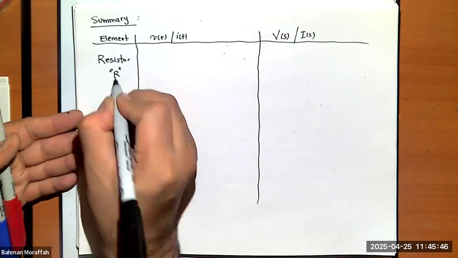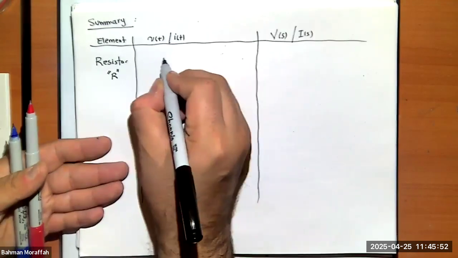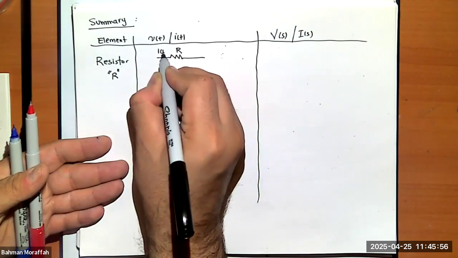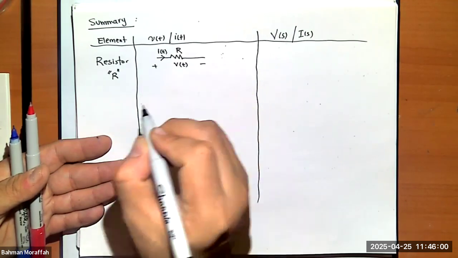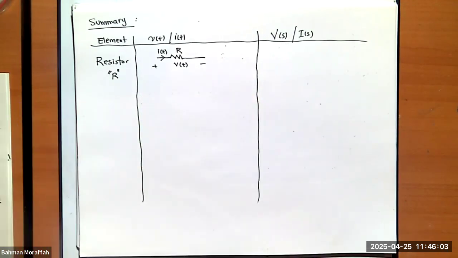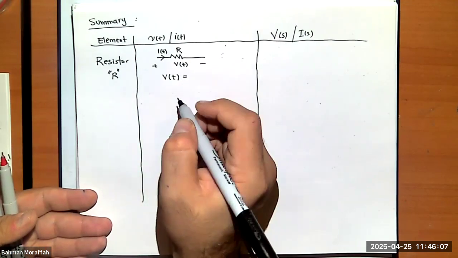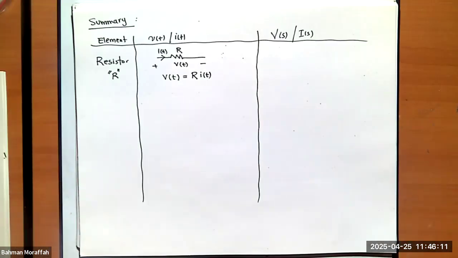Let's just say this resistor has value R. Current through it is i(t), voltage across it is v(t). The relationship between v and i is v(t) equals R times i(t), right?